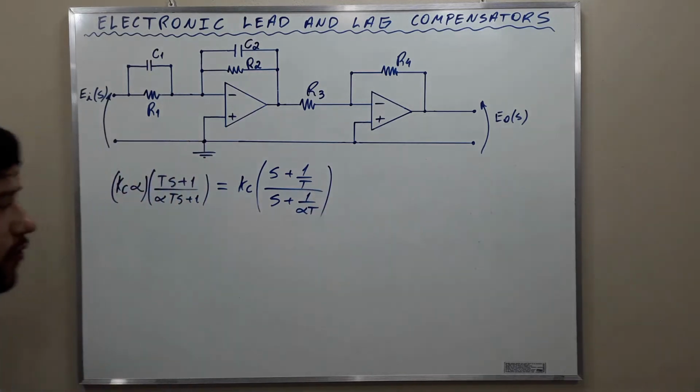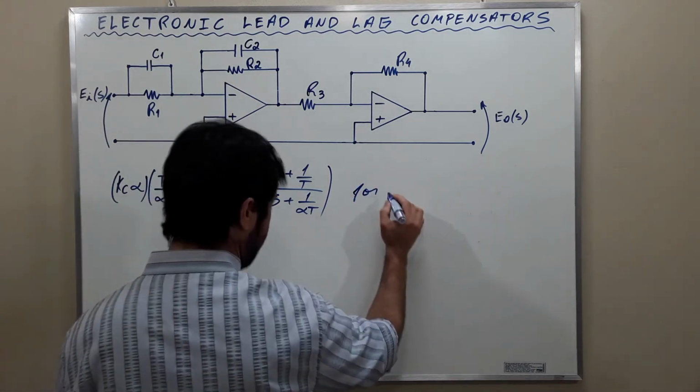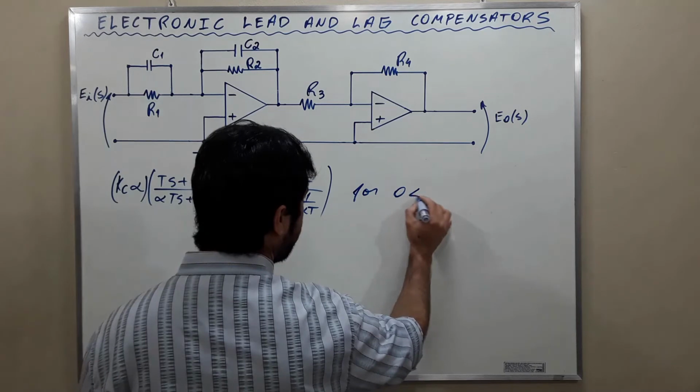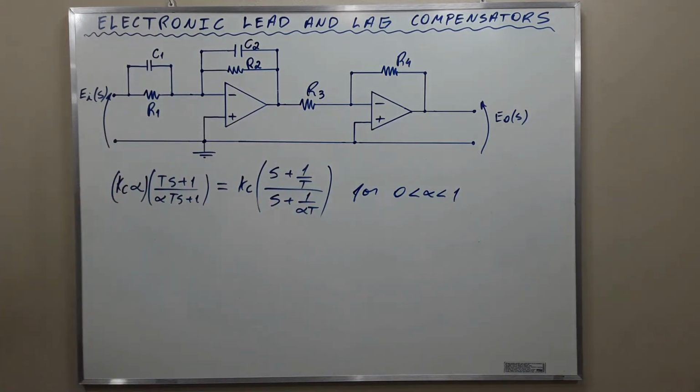Okay, this is the transfer function of the lead compensator. Here for alpha between 0 and 1, we want to know the maximum phase lead of this compensator.